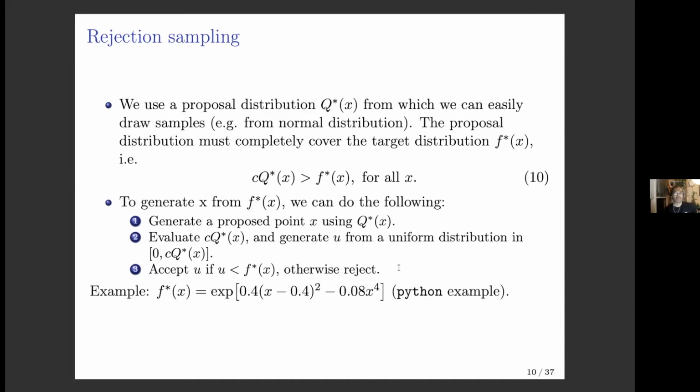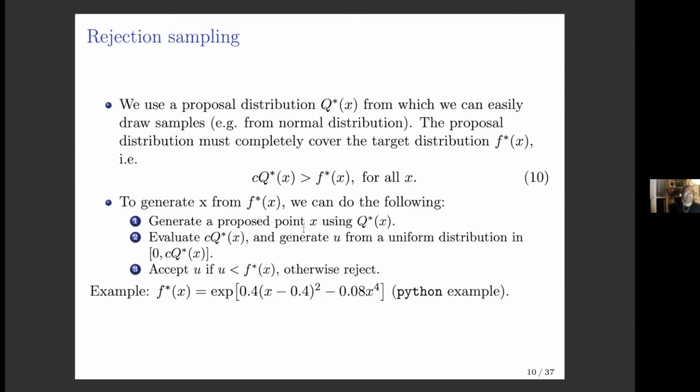The thing is, the proposal distribution has to completely cover the target distribution, the distribution that we want to sample. For example, here we have a function that we want to sample. This is our proposal distribution, and if we multiply it by a constant, it has to be larger than the target distribution everywhere. So it's quite easy.